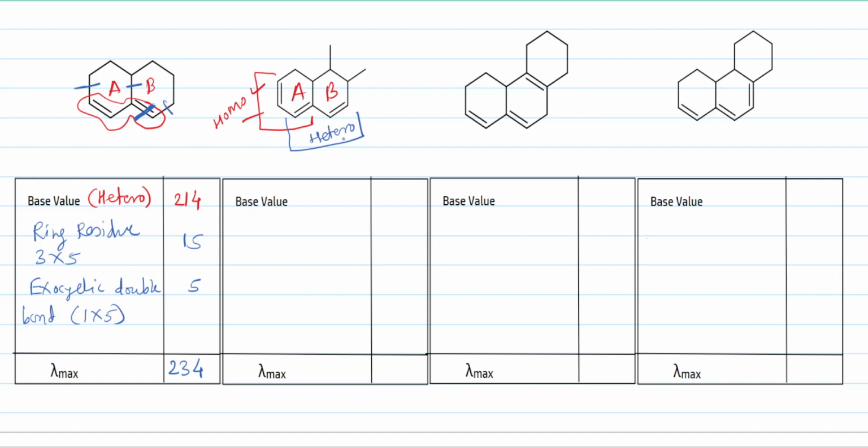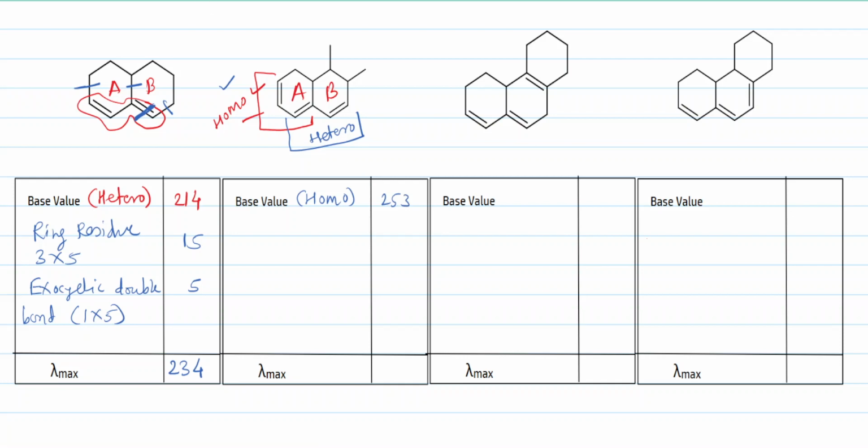There are two choices in front of us, but we have to choose the homoannular diene because it has the maximum value. So in such cases, we choose the homoannular diene. Here I will write homoannular diene, 253 nanometer.